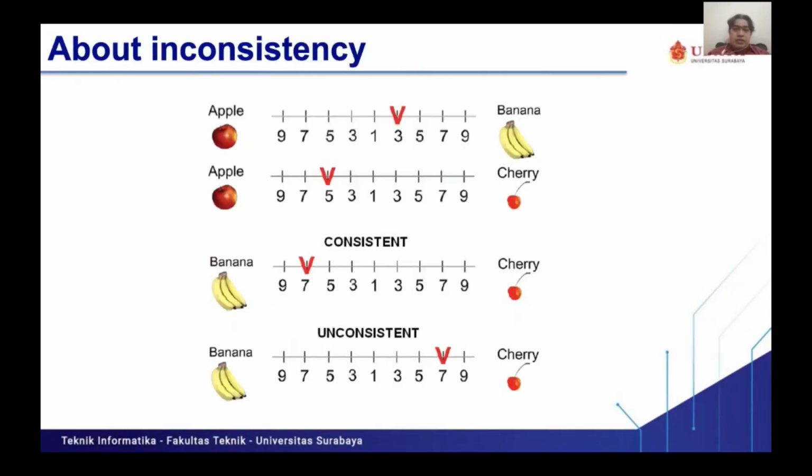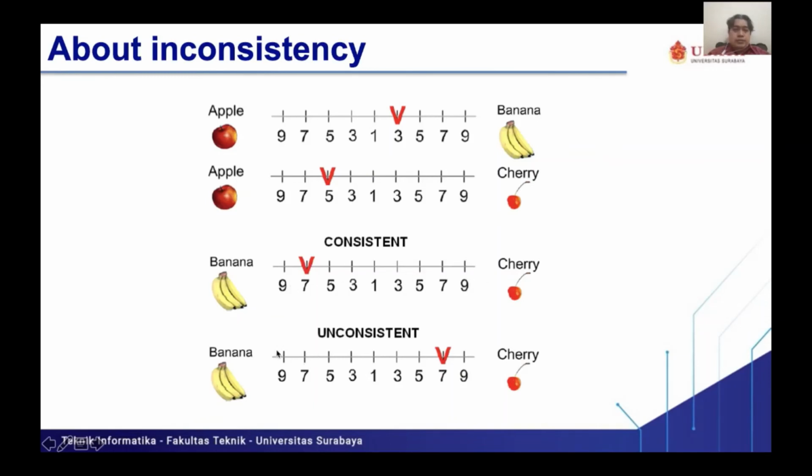As for inconsistency, for example, there are apple, banana, and cherry. If the judge loves banana a little more than apple, and loves apple a little more than cherry, then when pairing banana and cherry, the judgment must be that the judge loves banana much more than cherry.